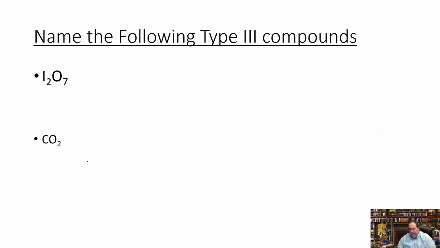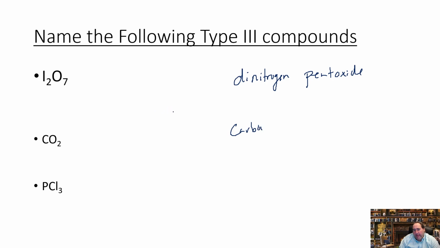All right, so let's try some here to finish it out. So here on the left, why don't you give some names, and let me give you some names where you can write some formulas. Let's do dinitrogen pentoxide. Let's do a little carbon tetrabromide.